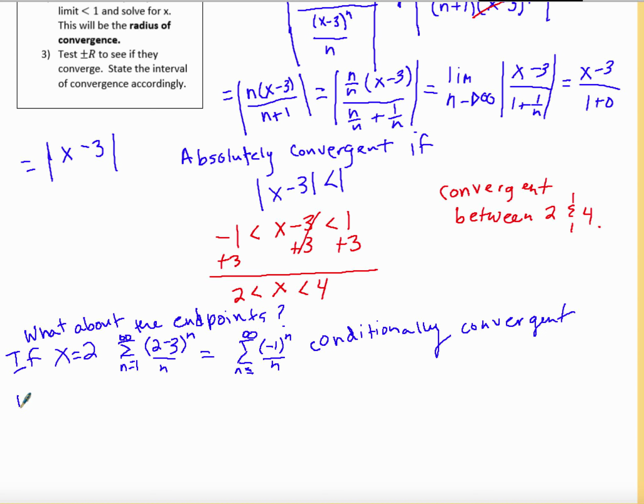Now, what about if x was equal to 4? Then we would have the sum from 1 to infinity of (4 - 3)^n divided by n. Well, that's just 1^n divided by n.